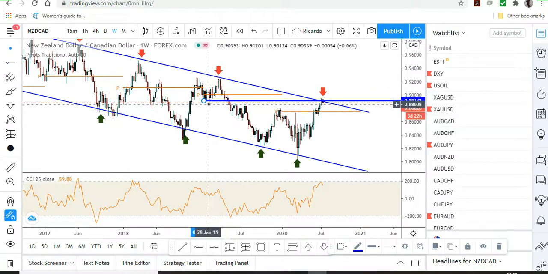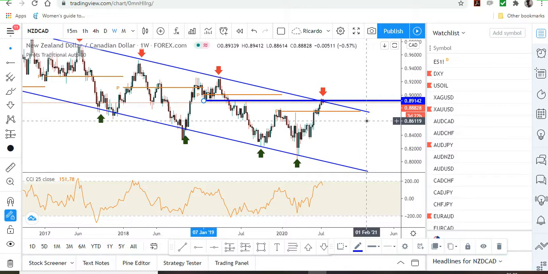So we can see right here, this was support that acted as resistance that caused the market to fall, and we are also at that same price point. If you have been trading for any time, you will know that the market likes to do the same thing around the same price point area.